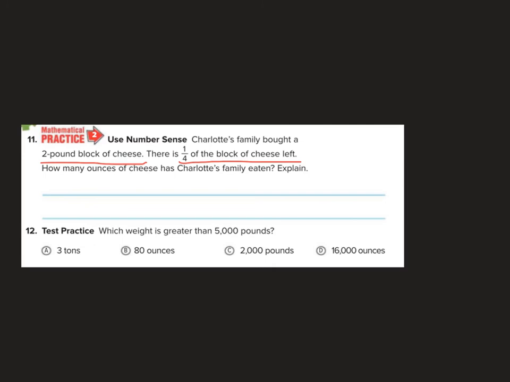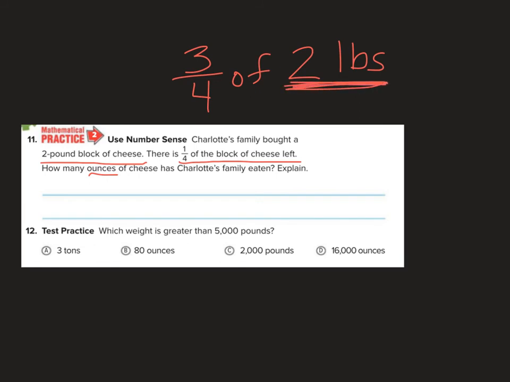So really, we have to find 3/4 of 2 pounds, right? And it wants ounces. So first, let's change our 2 pounds into ounces. I have to do 2 times 16, right? So that's 32.